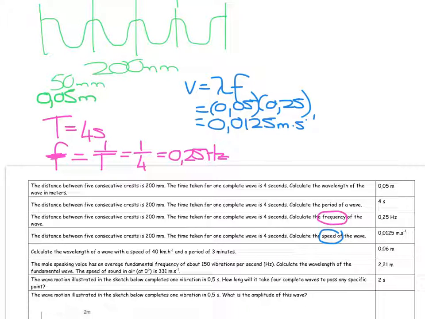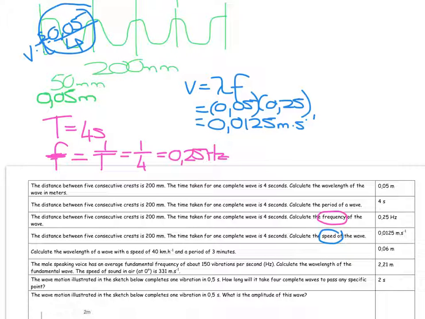Another thing that you could say is, I know that one wave has a distance of 0.05, and speed is equal to distance over time, and I know one wave takes 4 seconds, and that would have landed up being exactly the same answer.